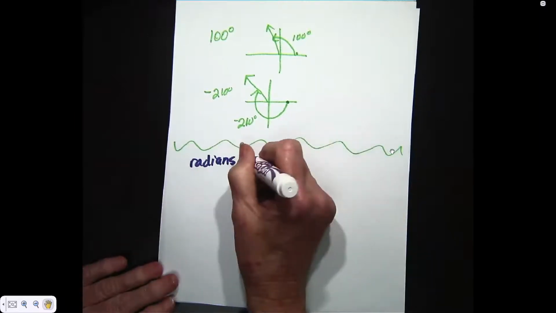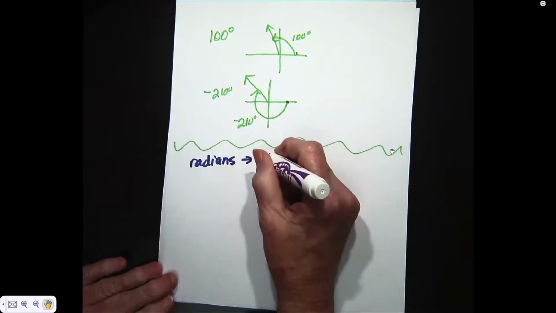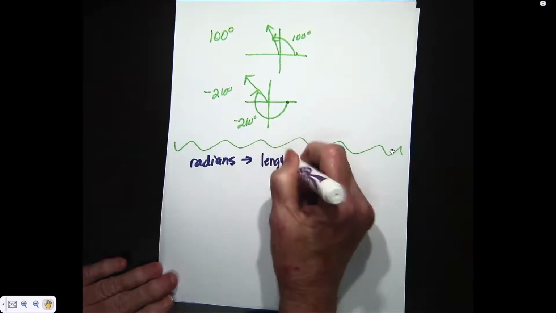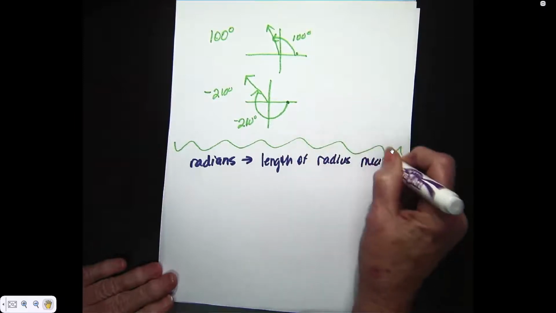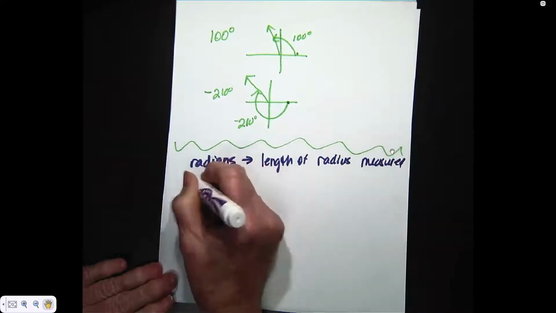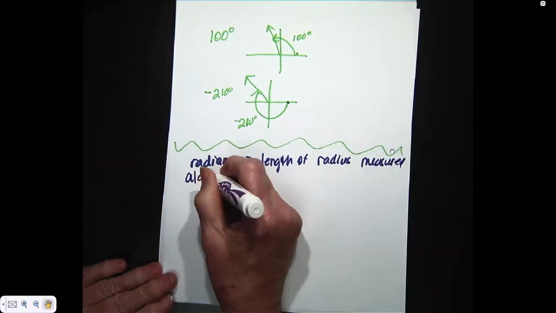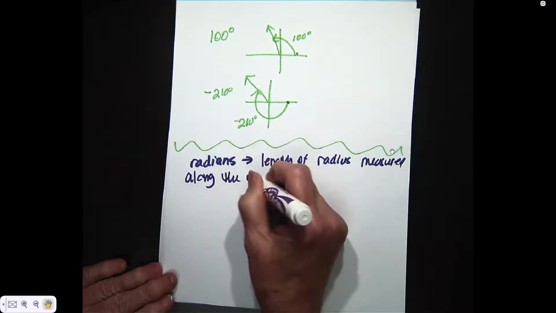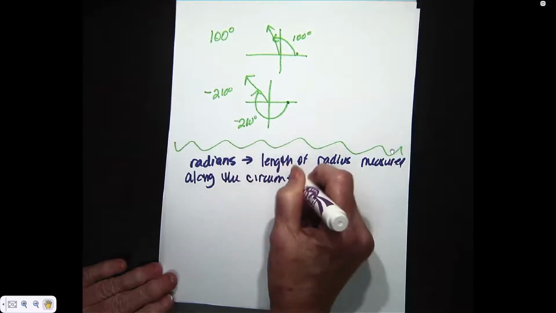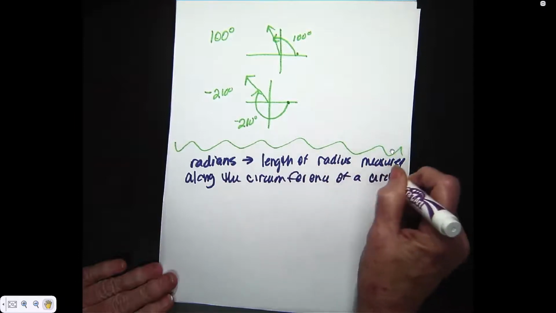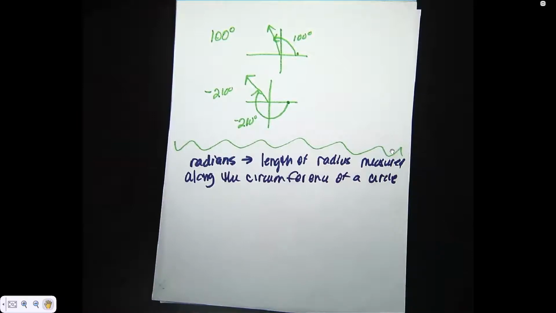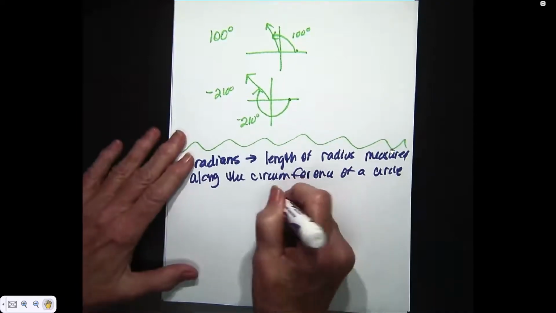Okay, in radians, a radian is a length of the radius measured along the circumference of a circle.